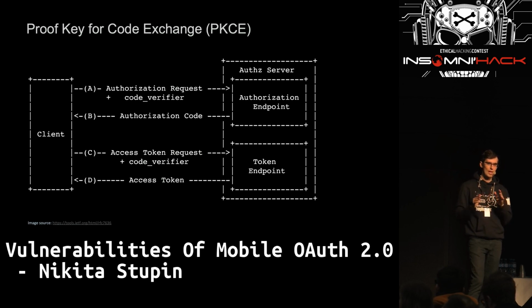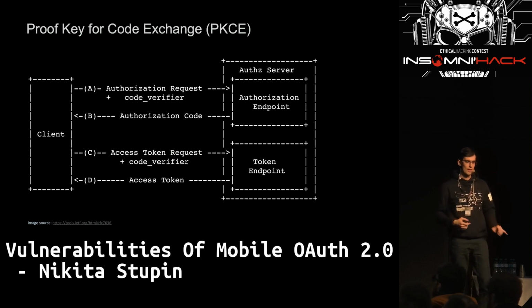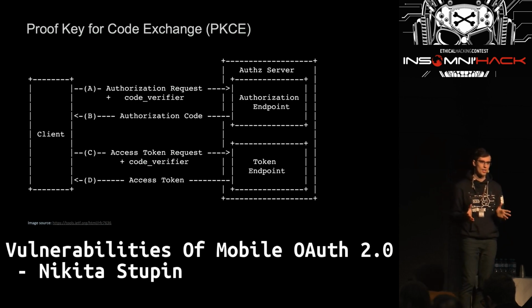Later, mobile app just again adds code verifier in request to exchange code for access token, and server on its side gets saved value, gets value from request, compares them. If they match, it returns access token. If they do not match, it returns an error.